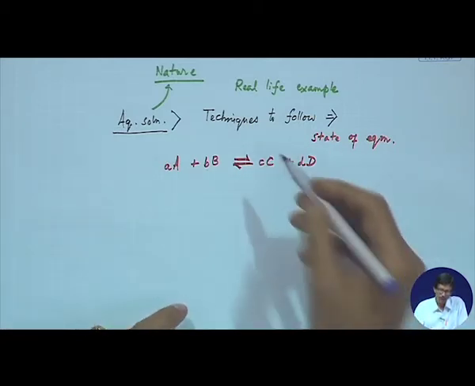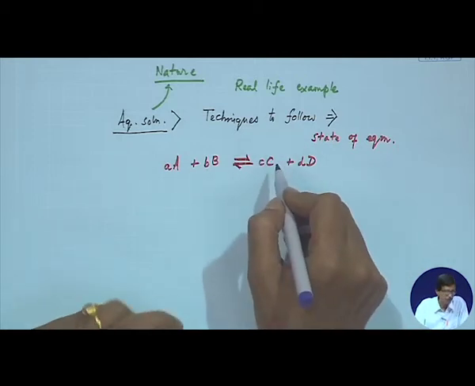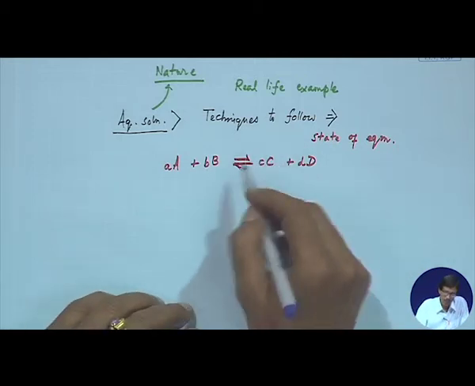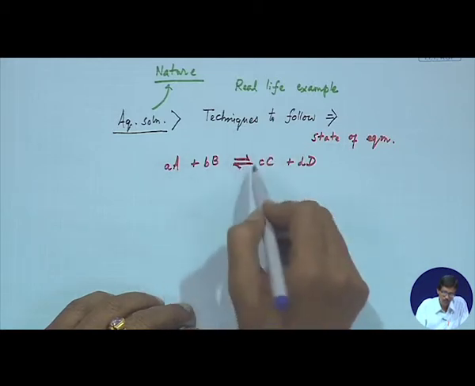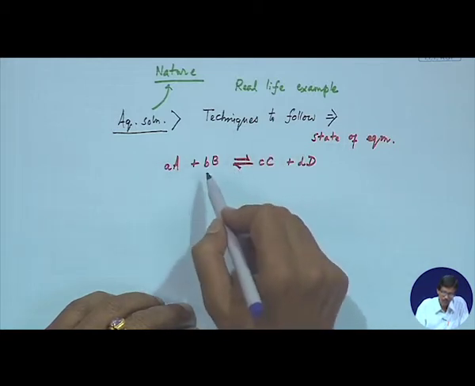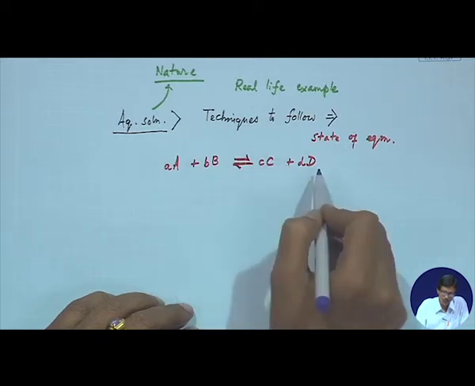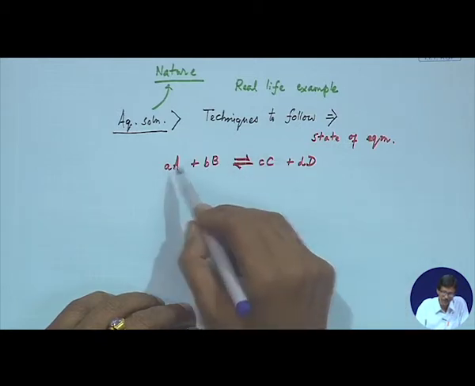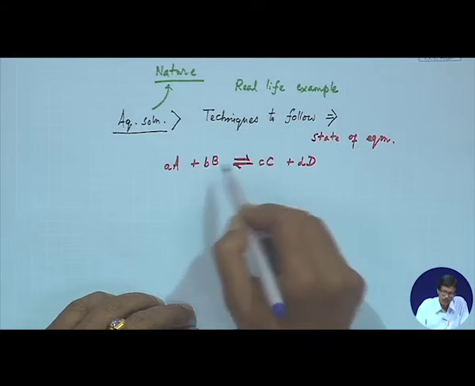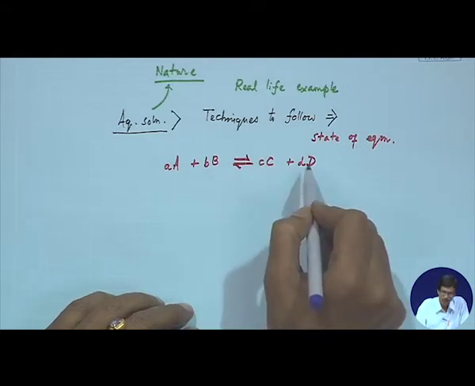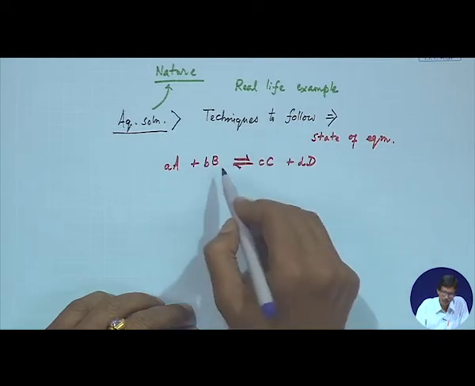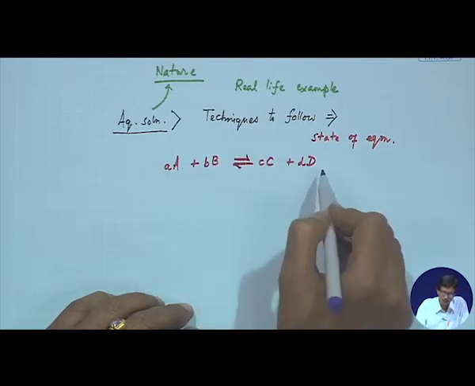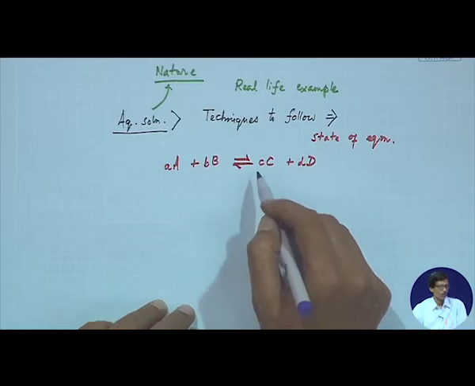After some time equilibrium is reached. If the equilibrium is such that the reaction is going towards completion, that means 90% of A is converted to C or B is converted to D, then only 10% remains. So, the equilibrium gives rise to concentrations of all these species in different ratios.